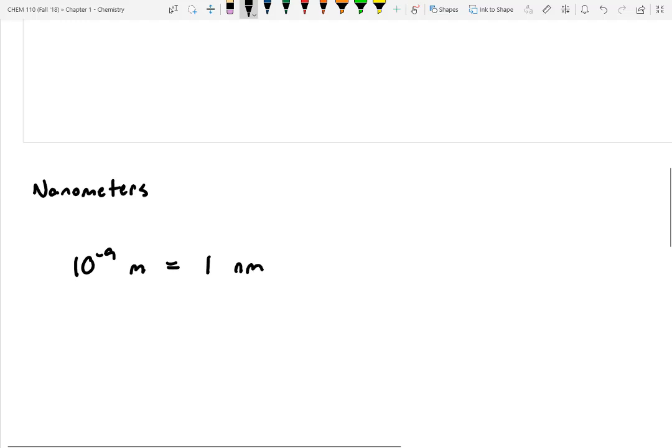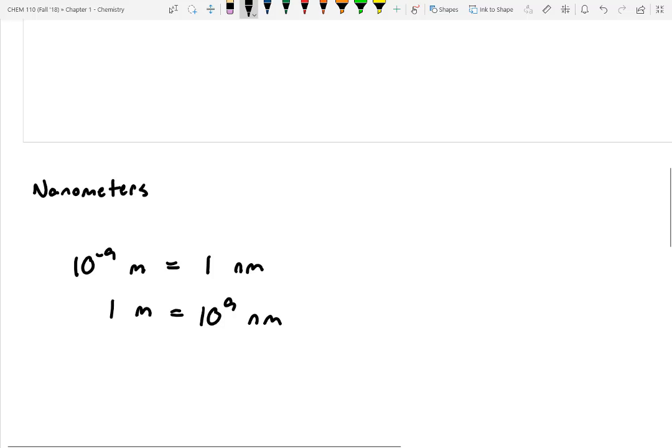So that's one way of writing it. Another way of writing this, it's kind of confusing, but you could say 10 to the ninth nanometers equals 1 meter. It's the same thing, right? Basically all I'm doing is a mathematical operation, but these two ways of writing it are equally valid.